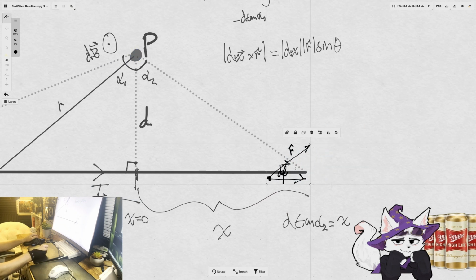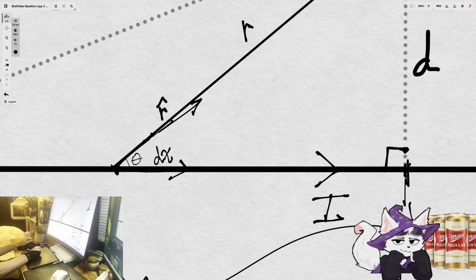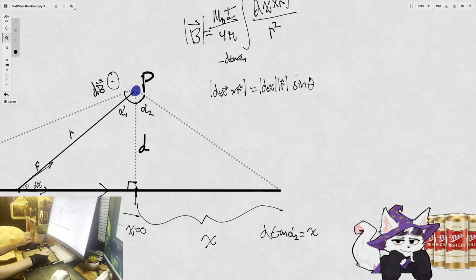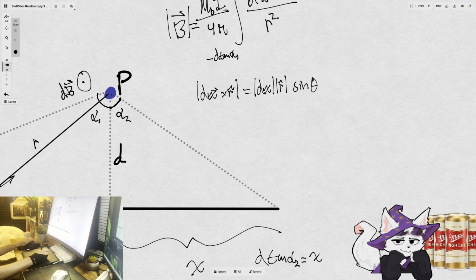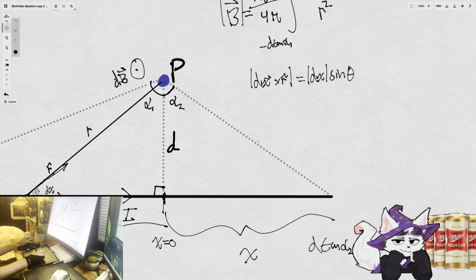Hang on, let me just go ahead and drag these back to where they belong. So let's call this our theta right here. The magnitude of our unit vector is simply 1, so we can remove this from our equation. And now we're just left with dx times sine of theta.